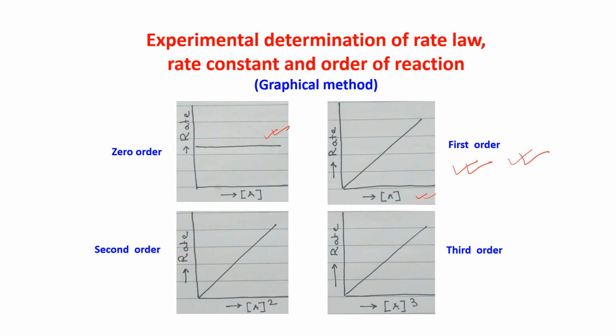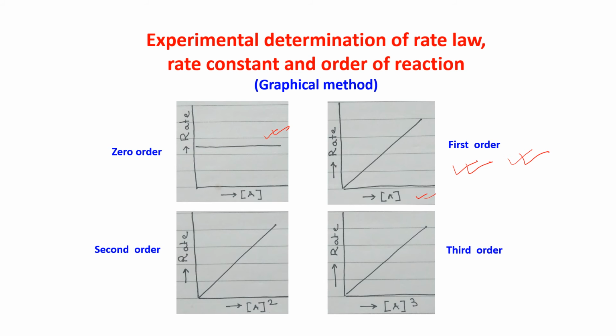Suppose you are not getting a straight line with the graph of rate and A. Now just take the square of A and plot a graph with the square of A and rate. Suppose now you are getting a straight line. So you can say that it is a second order reaction.